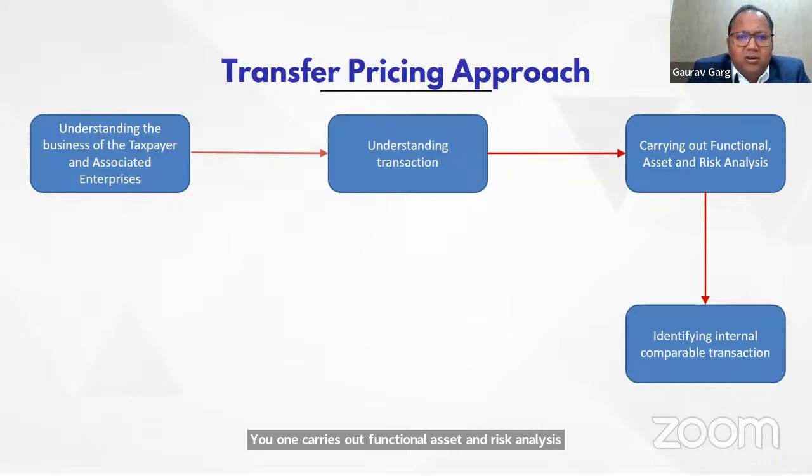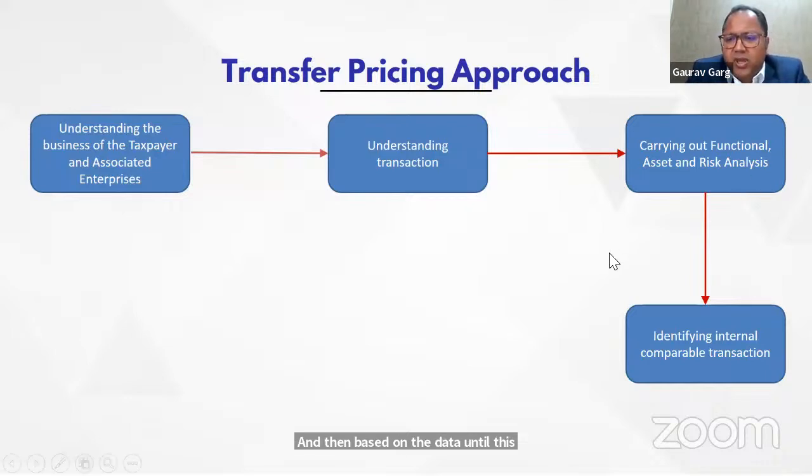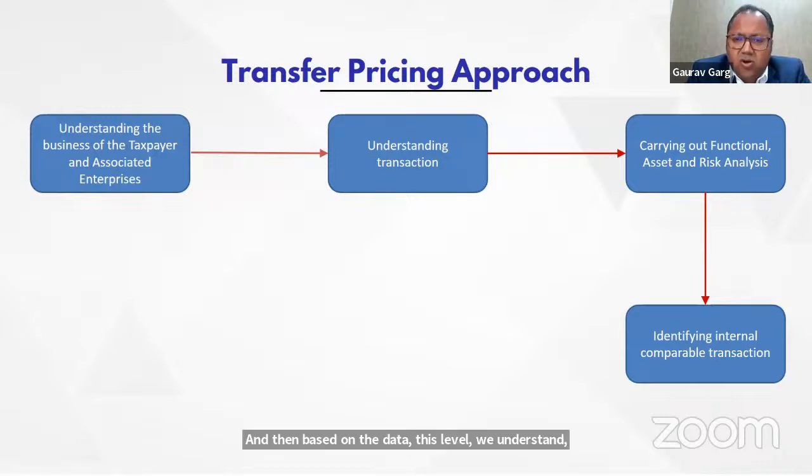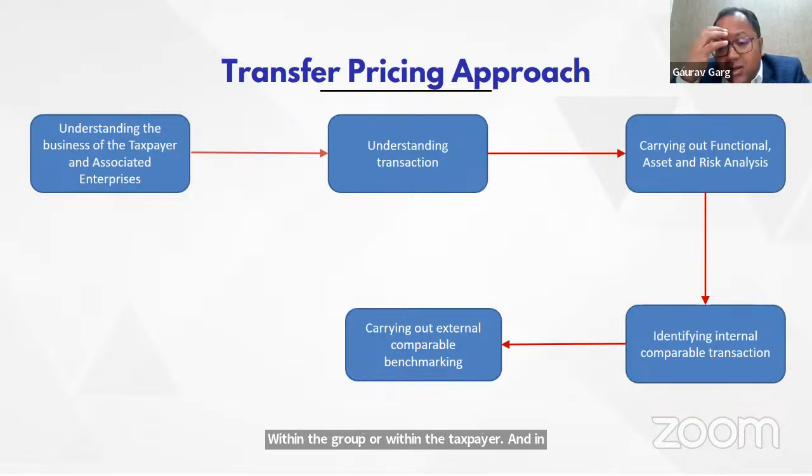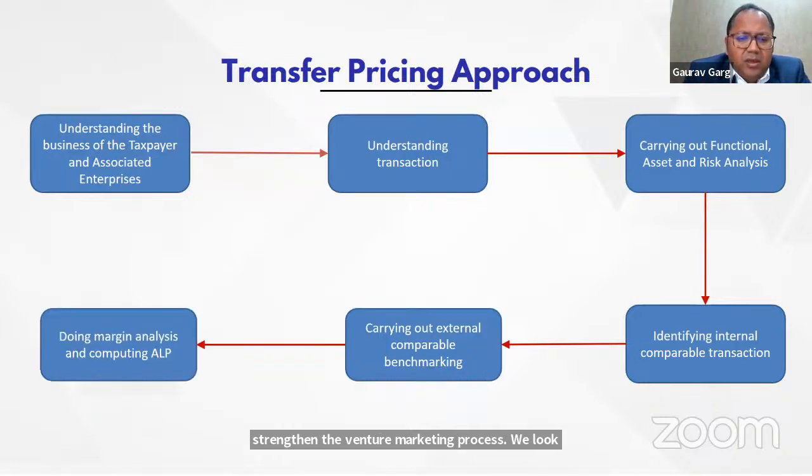Based on the data till this level, we understand whether any internal comparable transactions exist within the group or within the taxpayer. And in case there are no internal comparables, or we want to strengthen the benchmarking process, we look for external comparables. And then you conclude, you compute, you do the margin analysis and compute the LB, or you do the pricing analysis, and complete your transfer pricing analysis.